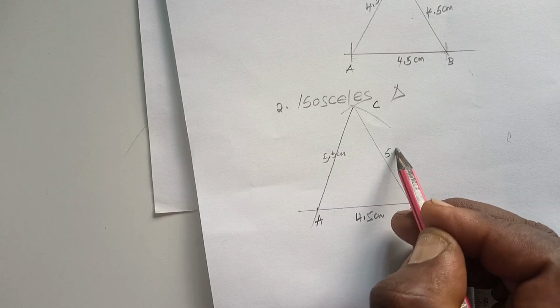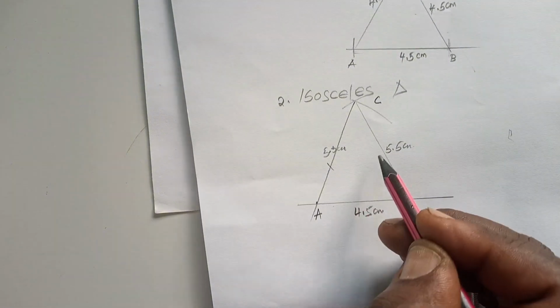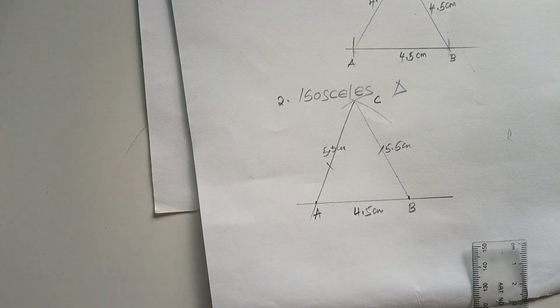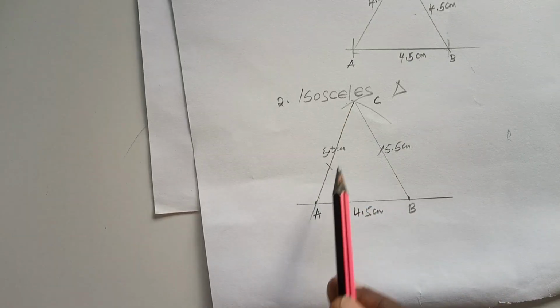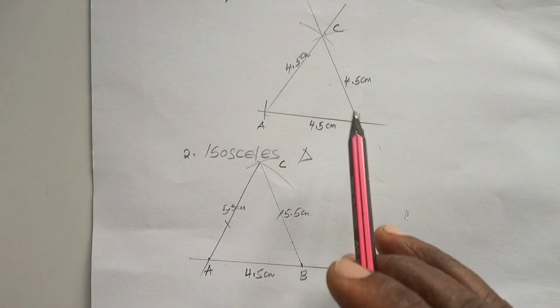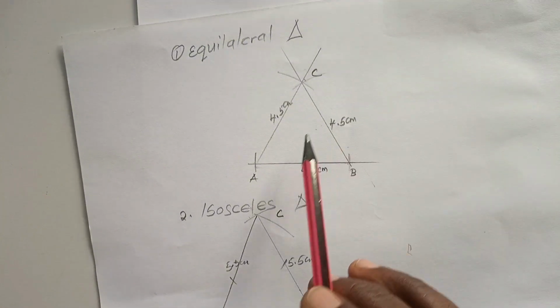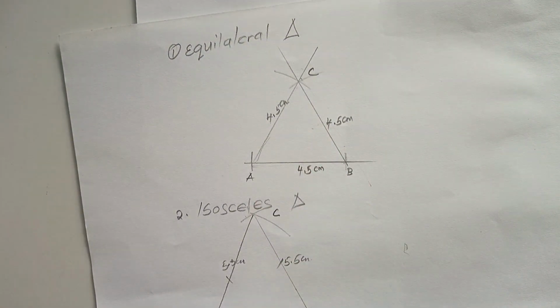So this is 5.5 centimeters. This is 5.5 centimeters. And we would have drawn our isosceles triangle, and then we use these two symbols to show that that is an isosceles triangle. This side and this other side are equal. In our equilateral triangle, this side and these other sides are equal.